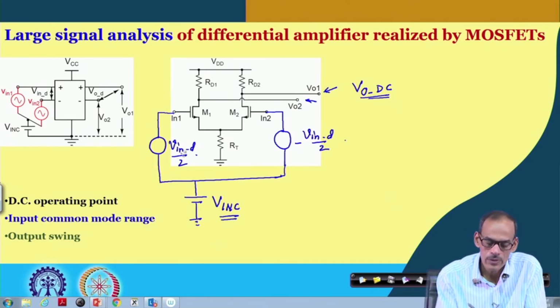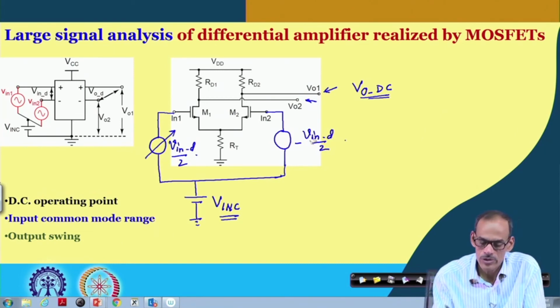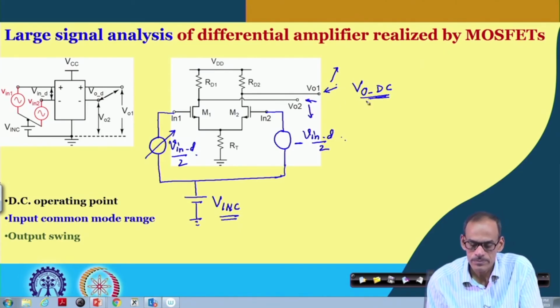Now, if I increase this voltage, and subsequently also increase this voltage with a minus sign, what we expect is that this voltage will increase with respect to its DC, and this voltage will decrease with respect to the DC.